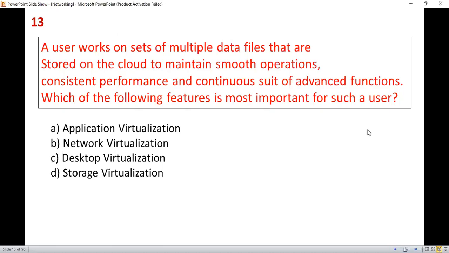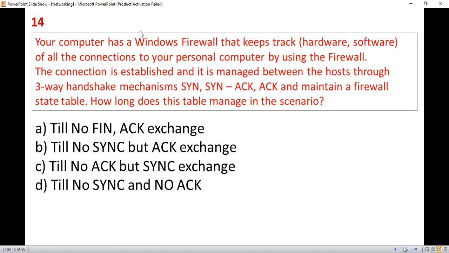The next question is, you can see your computer has a Windows firewall that keeps track of hardware and software and all the connections to your personal computer. The connection is established and managed between the hosts through the three-way handshake mechanism, SYN, SYN-ACK and ACK again, and it maintains a firewall state table.